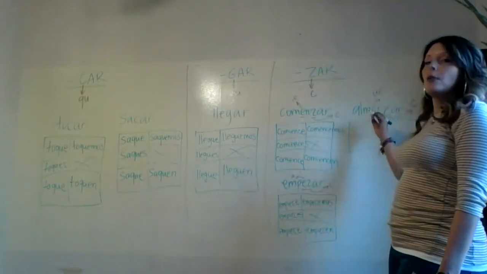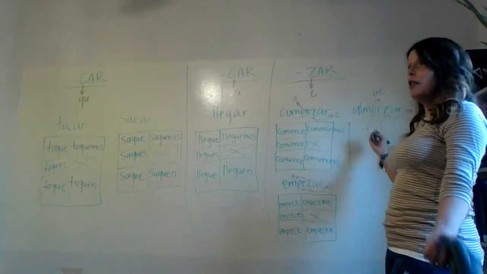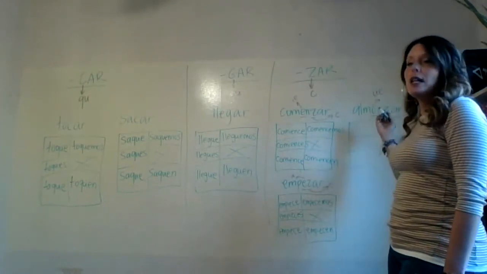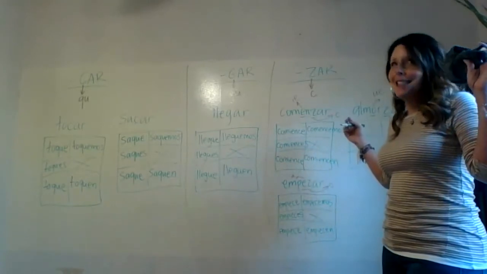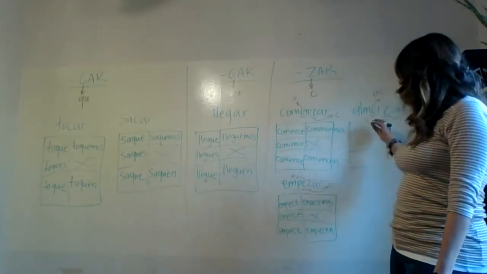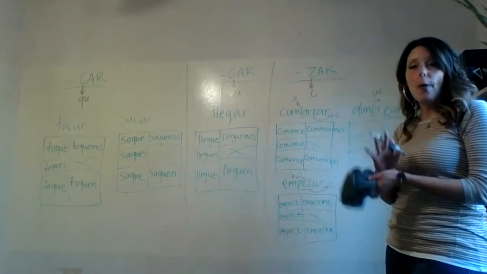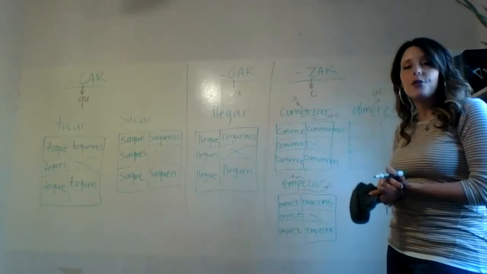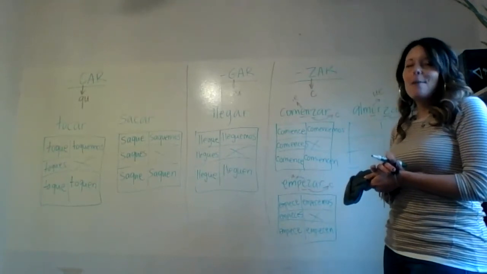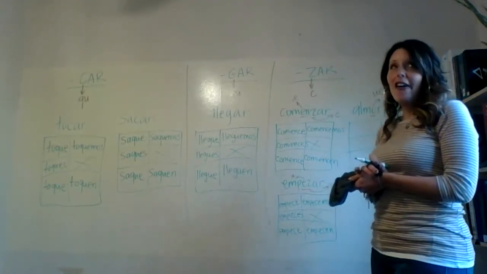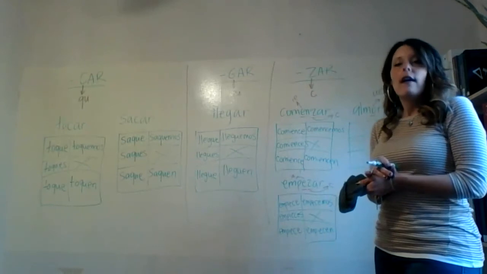So we have almorzar, which means to lunch or to have lunch. And it's an O to UE stem change, and the Z is going to change to a C. In my yo conjugation, if I took it back to the yo box of the present tense, I would have almuerzo, and that would be spelled A-L-M-U-E-R-Z-O.